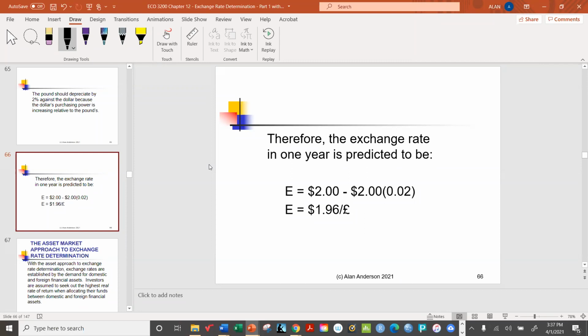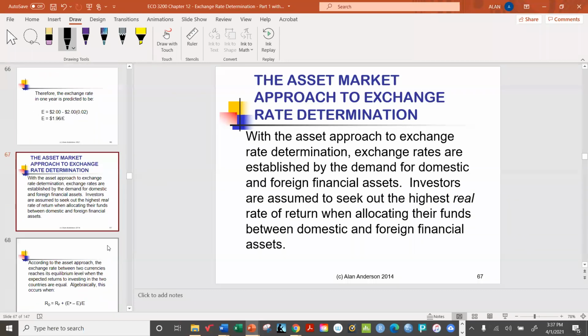All right, now we're about to introduce a very important model of exchange rate determination, which explains exchange rates in terms of rates of return, because we're assuming here that investors see exchange rates, or currencies, I should say, as financial assets.